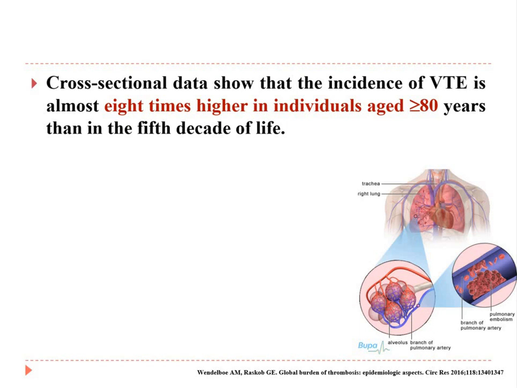Cross-sectional data show that the incidence of venous thromboembolism is almost 8 times higher in individuals aged over 80 years than in the fifth decade of life.